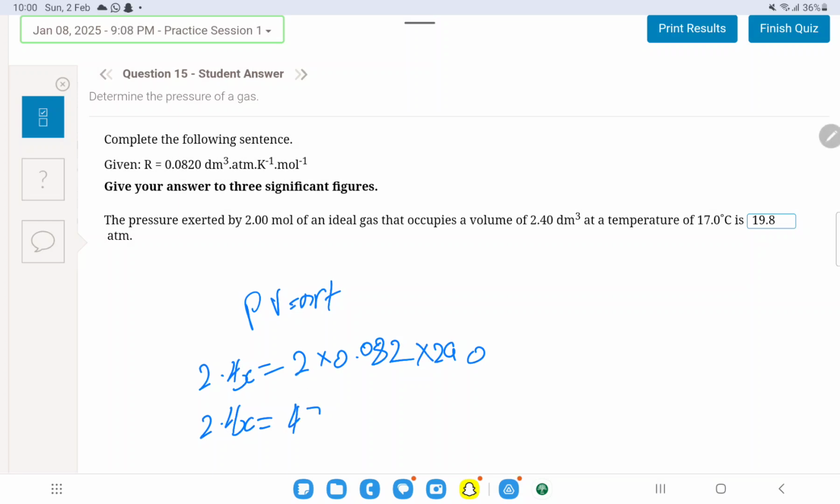We get 47.56. You divide by 2.4 and you get x equals 19.81. They wanted three significant figures, if I round it up, 19.8.